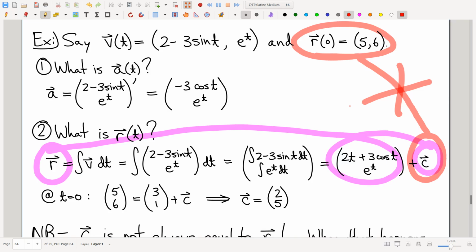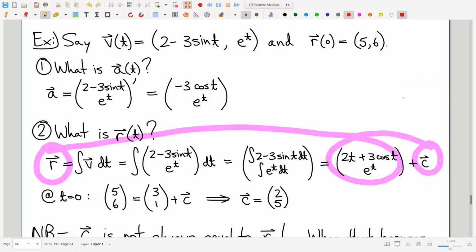This is cognitive dissonance for a lot of students, because they're like, I did a bunch of these in high school and every single time it worked out that the initial value and the integration constant were exactly the same. How could it not always be true if every prior example I've seen works? So I'll come back and talk about that in a second.